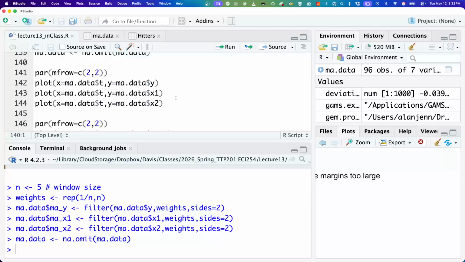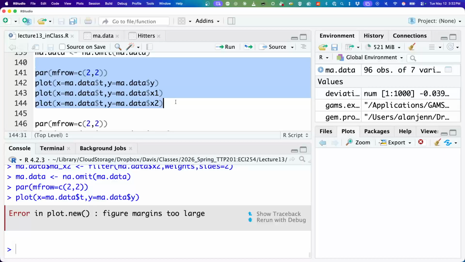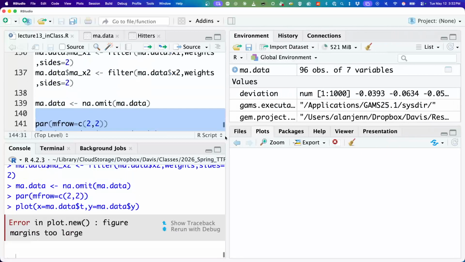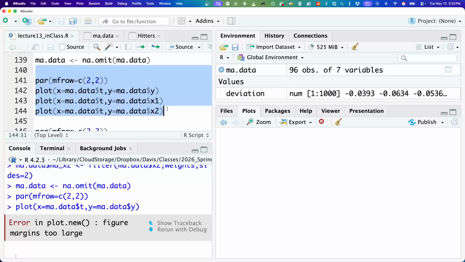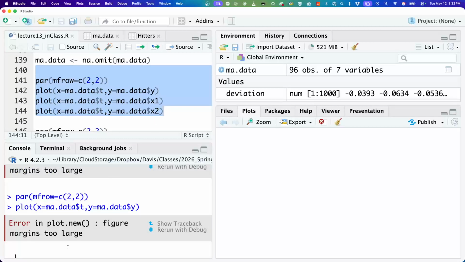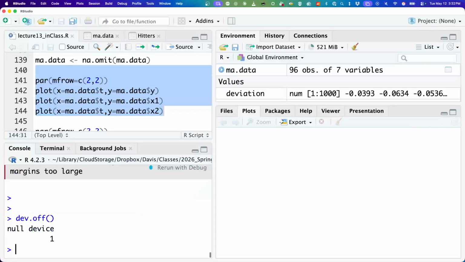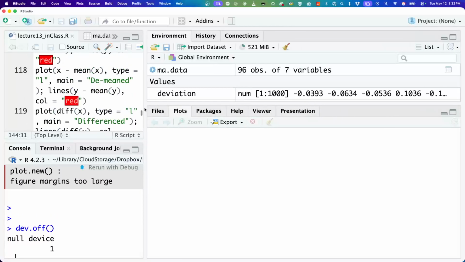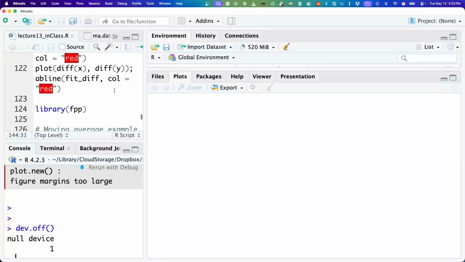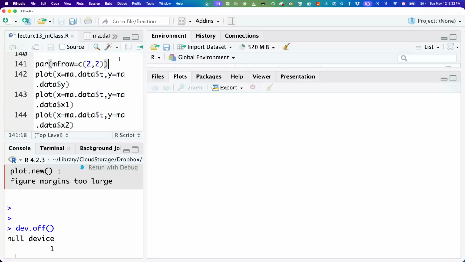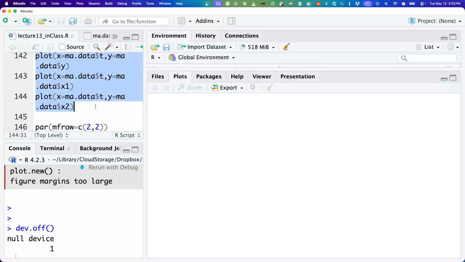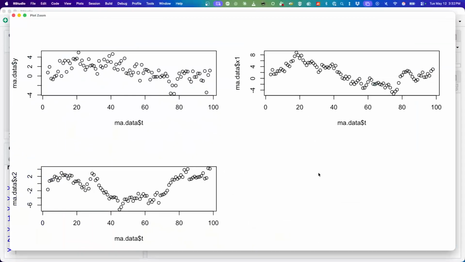So what does this look like? So this is the raw data that's not mean. Oh, of course. So this is the raw data.